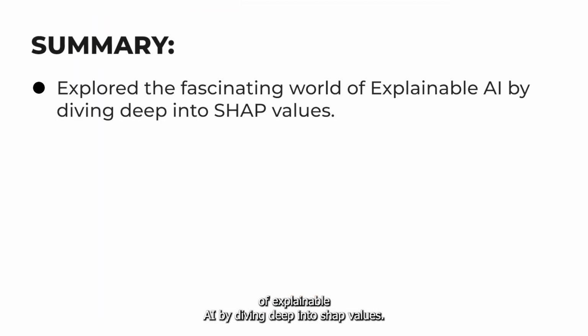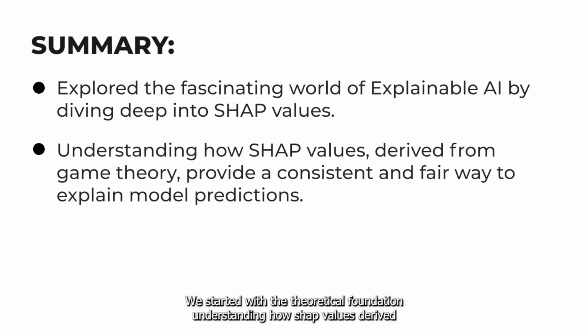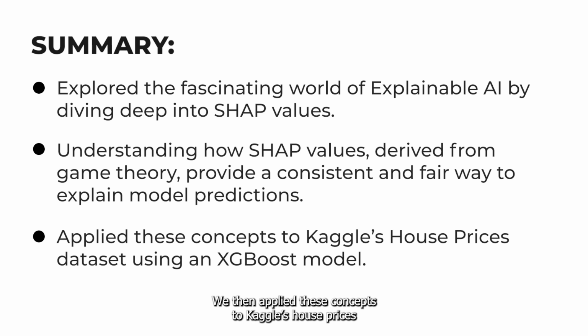In this video, we explored the fascinating world of explainable AI by diving deep into SHAP values. We started with a theoretical foundation, understanding how SHAP values derived from game theory provide a consistent and fair way to explain model predictions. We then applied these concepts to Kaggle's house prices dataset using an XGBoost model.